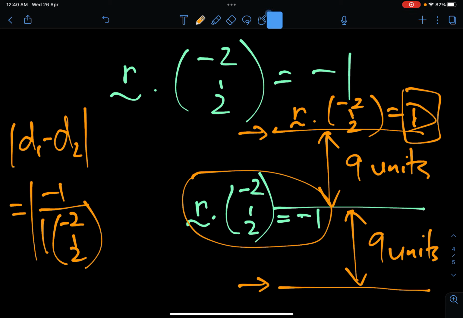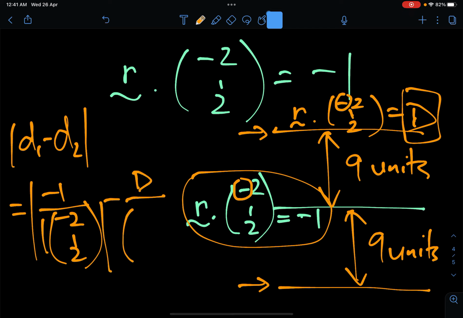What I did was write plus (2, 1, 2) instead of negative, because my handwriting was a bit small and I didn't see the negative. Actually you should be using negative (2, 1, 2), so minus d over the mod of (negative 2, 1, 2).